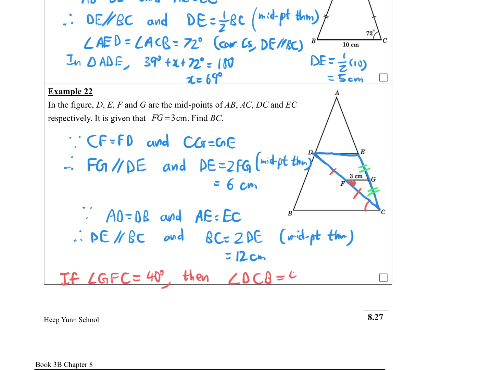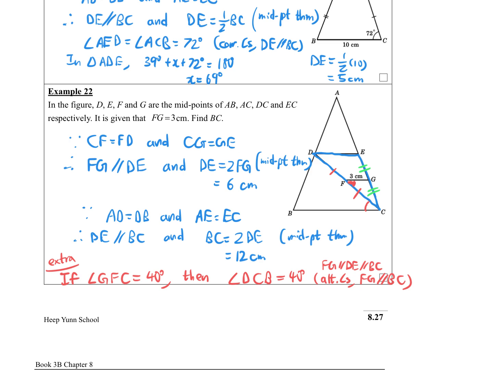So of course it's 40 degrees because FG parallel DE, DE parallel BC means that all 3 lines are parallel. So they are just alternate angles, FG parallel BC. All right? And this is an extra part in case people don't know that.